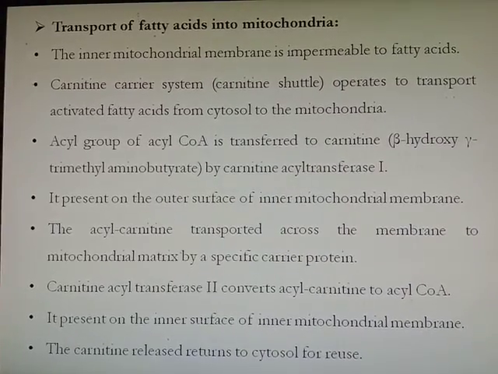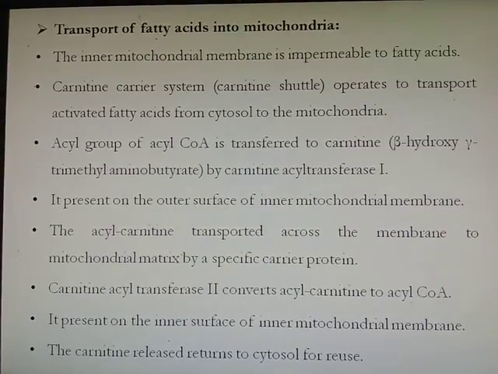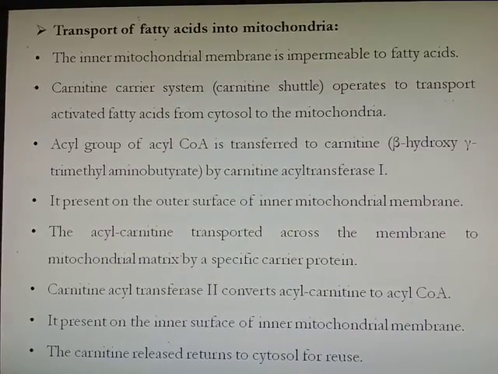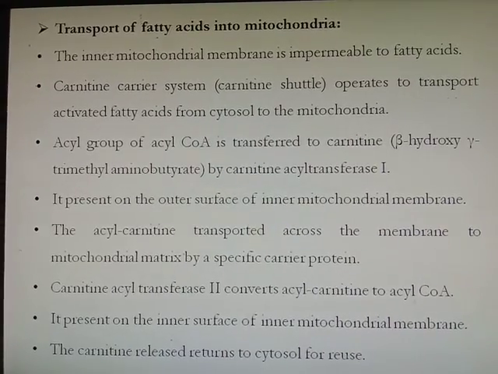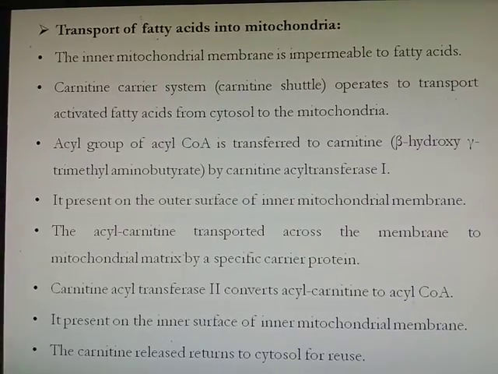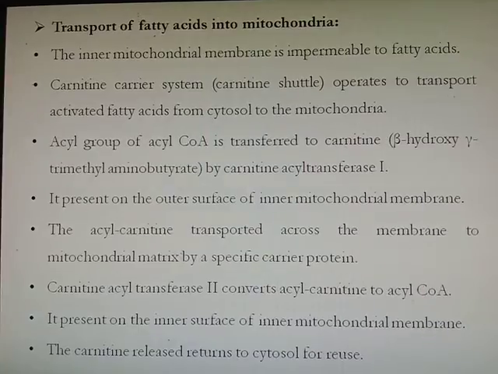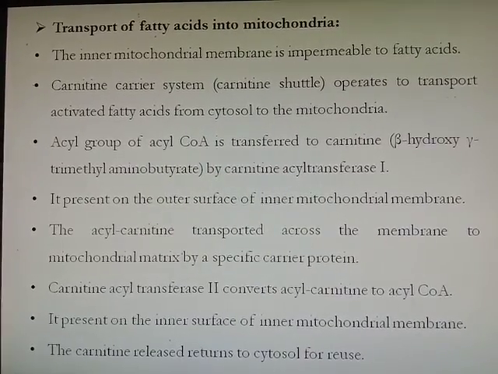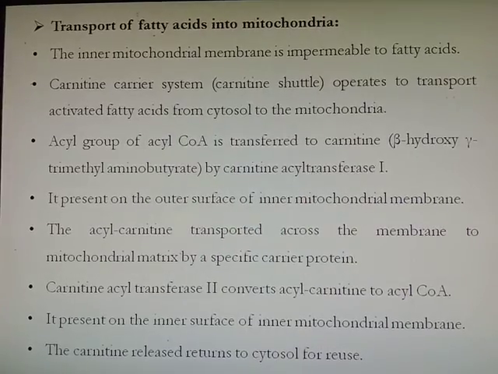This carnitine acyl transferase 1 is present on the outer surface of the inner mitochondrial membrane. Then this acyl carnitine molecule is transported through the membrane to the mitochondrial matrix by a specific carrier protein. Then carnitine acyl transferase 2 converts that acyl carnitine again to fatty acyl coenzyme A.